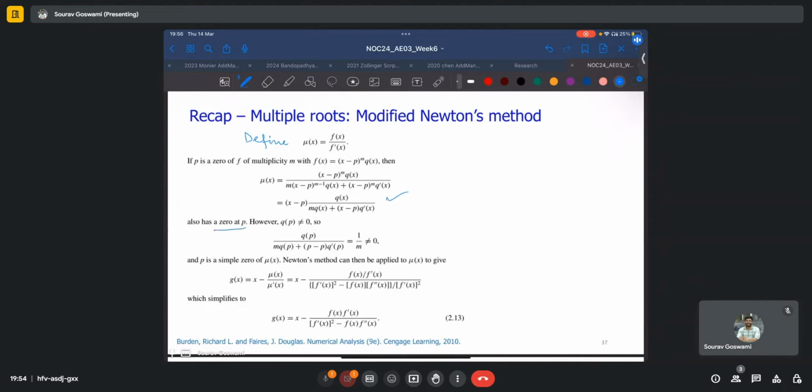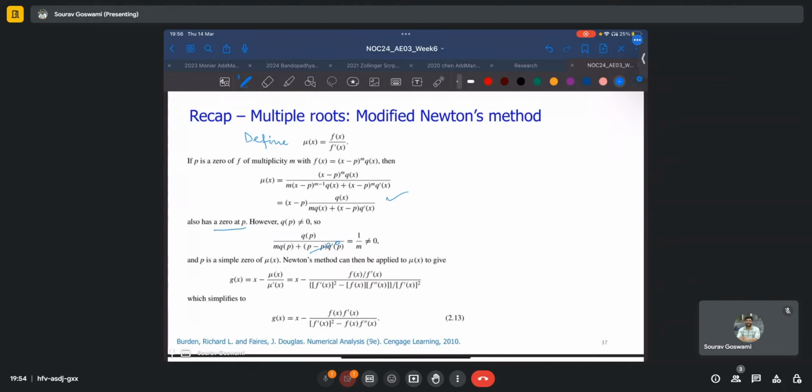However, q of p itself is not equal to 0. So q(p) by m q(p) plus (p minus p), so this term goes to 0, and only 1 by m will survive, which is not equal to 0.